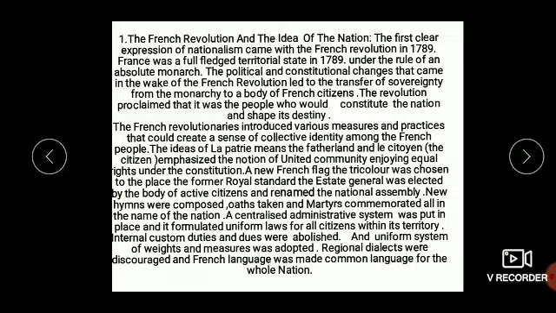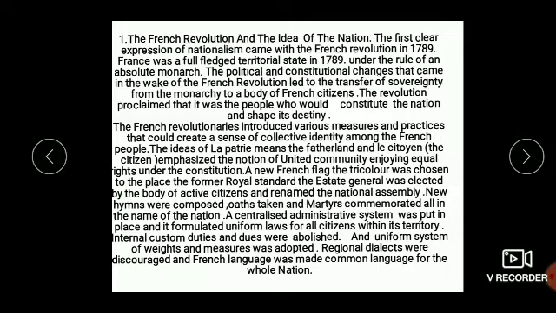The political and constitutional changes that came in the wake of the French Revolution led to the transfer of sovereignty from the monarchy to a body of French citizens. The revolution proclaimed that it was the people who would constitute the nation and shape its destiny.